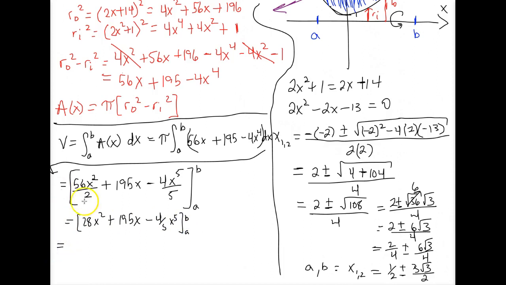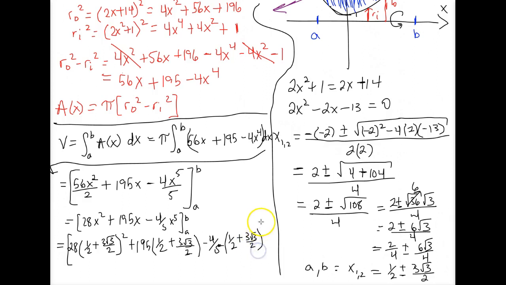And then we'll go ahead and substitute everything in now. So we'll have 28. Just do it like this. So 28 times 1/2 plus 3√3 over 2 squared plus 195 times 1/2 3√3 over 2 minus 4/5 1/2 plus 3√3 over 2, all that raised to the fifth.